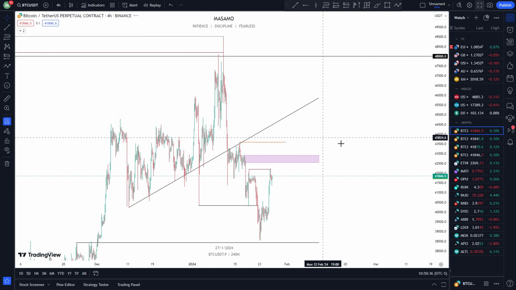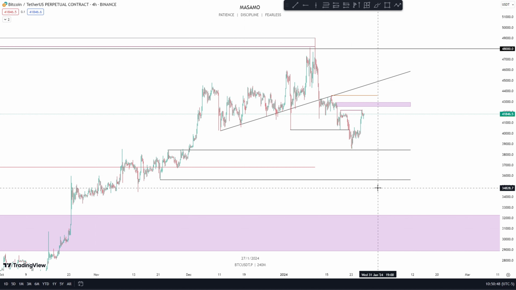I have one more thing to tell. So when Bitcoin comes down to 38, 35k areas, I will start to add on my spot bag, so I will buy some altcoins and some other stuff.